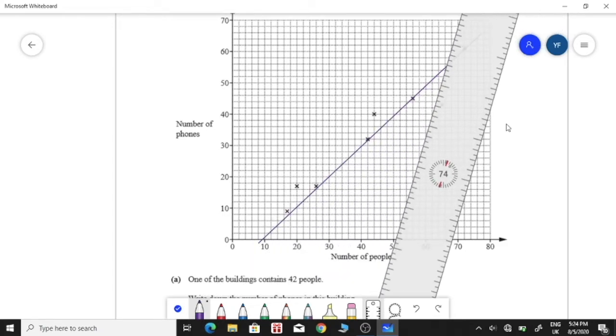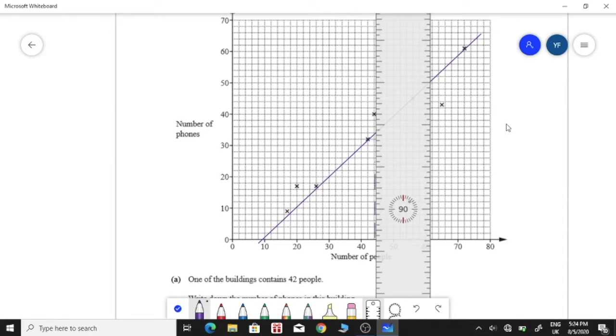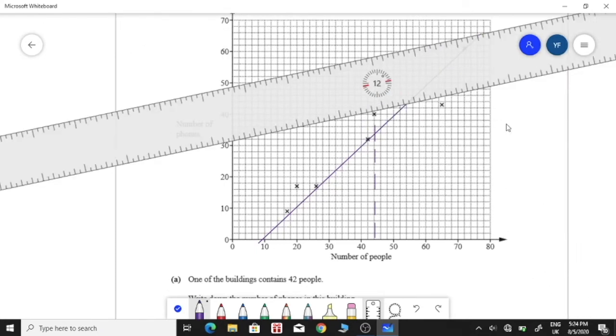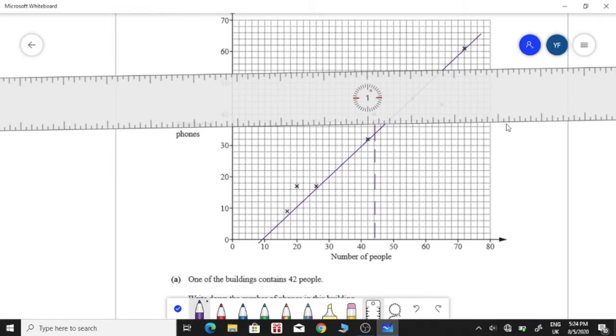Alright, now I need to see where 42. Alright, we have 42 over here, and I'll trace it up to the graph. And now I'll match it to the y-axis, which would give us the number of phones.